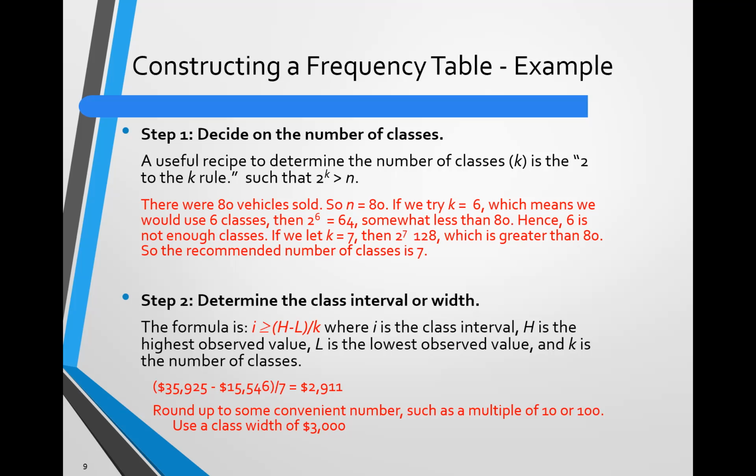So the answer is 2,911. The class interval should be 2,911, it should not be less than this, but may be greater. So we will round up this value to 3,000. So our class interval for our example would be 3,000.